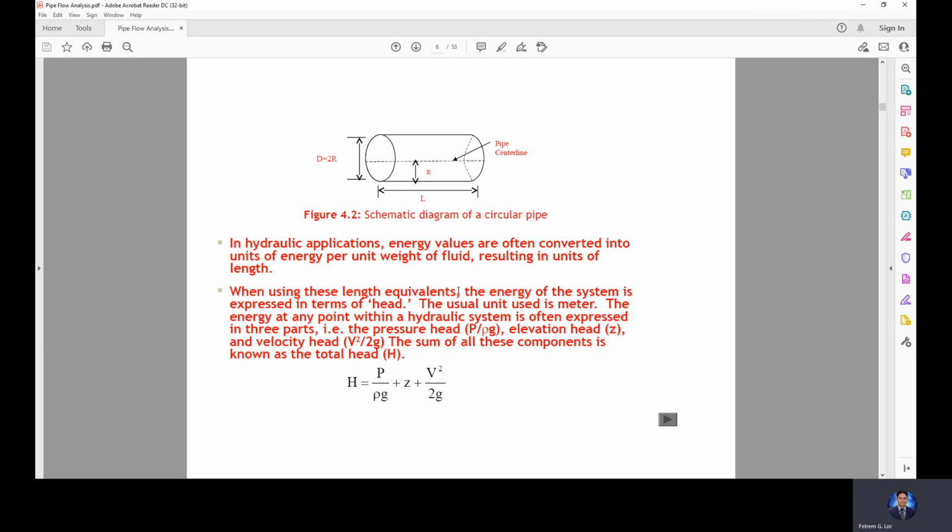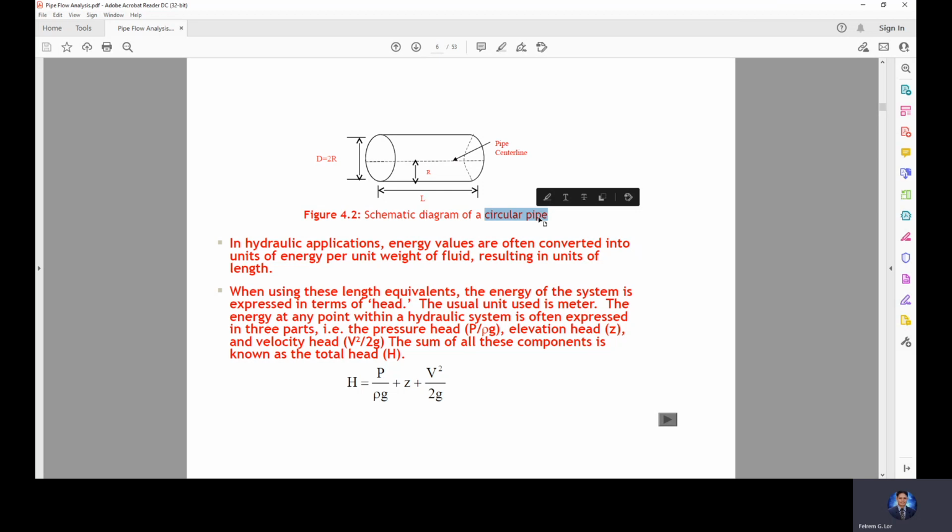So this is the typical diagram of a pipe. Most pipes in our discussion are circular. I don't know if there are pipes applied in hydraulics to convey fluid that are square or rectangular.